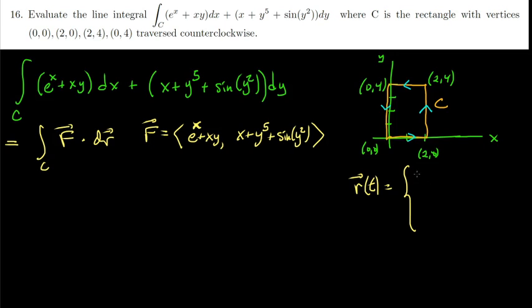So we'd need 4 parameterizations here, 1 for each line segment. Again, probably not that bad because they are just lines. It's easy to parameterize a line. But we've been through this, and getting the limits right and matching everything up is not altogether that easy. So I'm hoping there's an easier way to do it than to have to parameterize this.